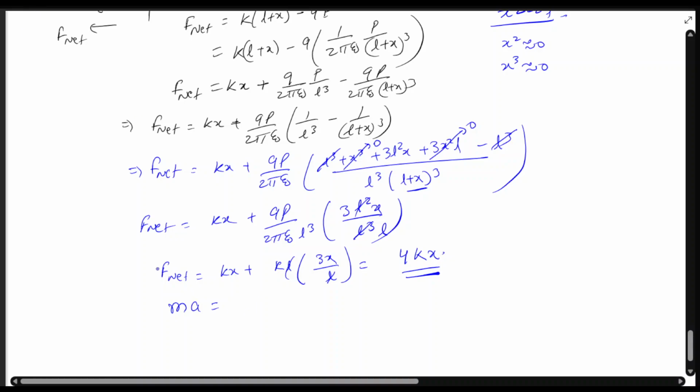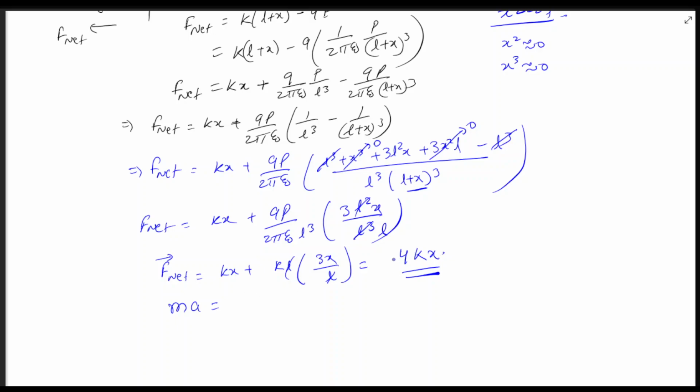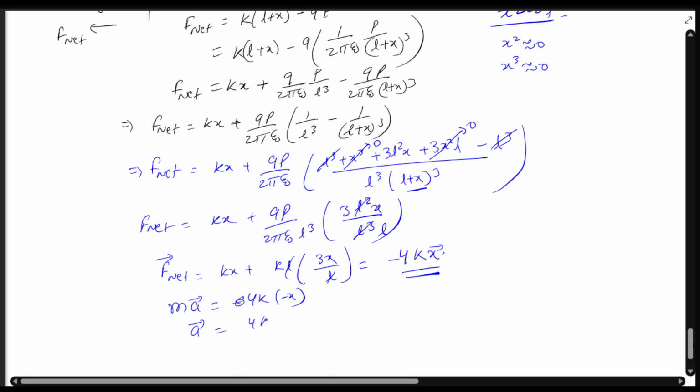So you can write it like this: mass into acceleration will be minus 4k x. So acceleration will be 4k by m into minus x.